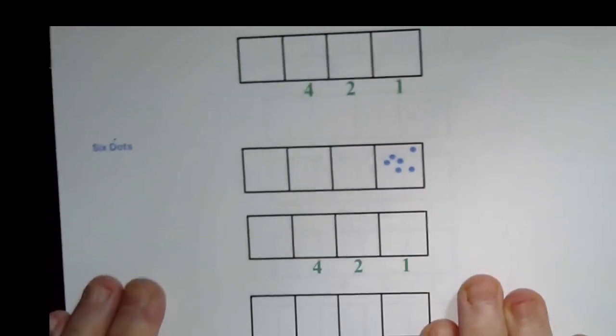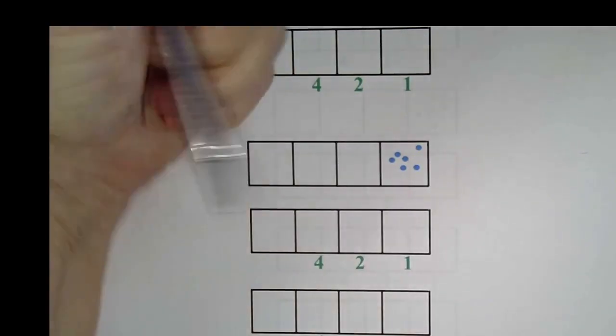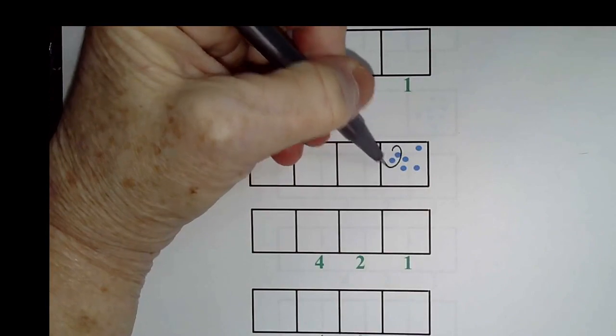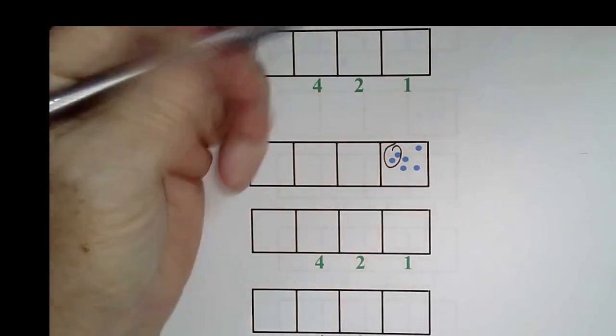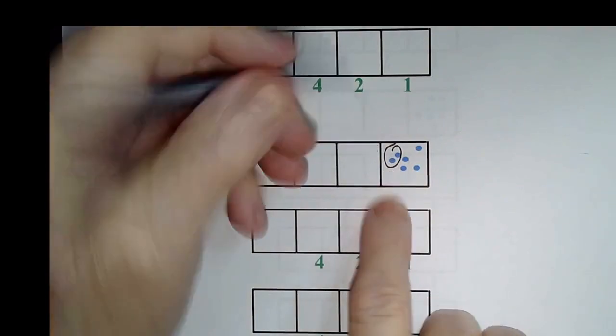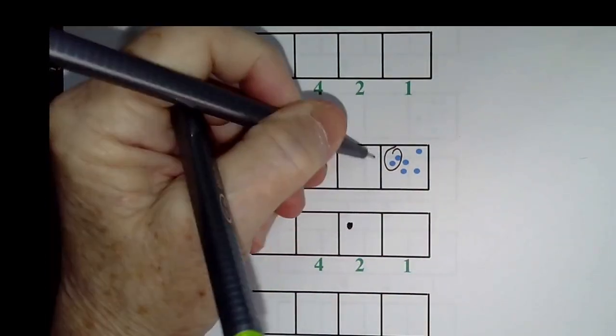Okay, well, this is fun. What if we started with 6 dots? Let's see if we can do this. Let's group. Let's go left to right. So the leftmost group is that brown group.